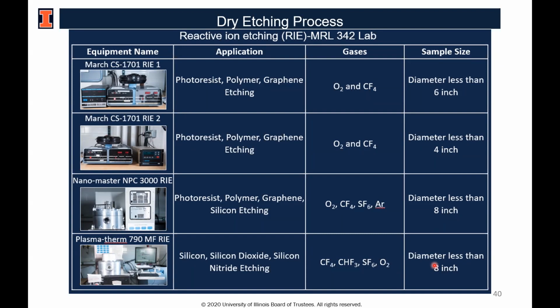So this dry etching process is especially useful when we are trying to achieve sub-micron, especially nanometer features. And for wet chemical etching, it may not be possible, as I mentioned before.